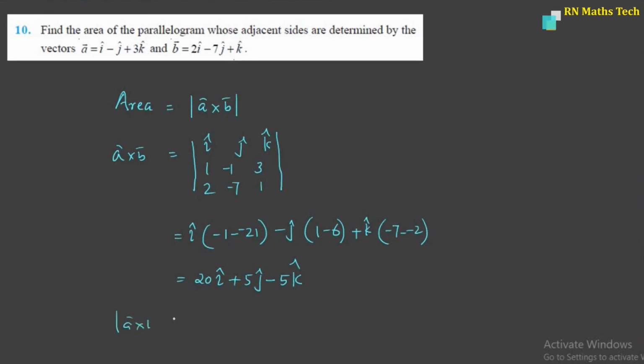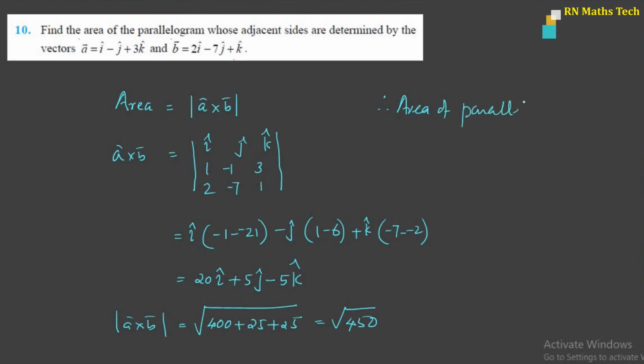Modulus of A cross B is equal to root of 400 plus 25 plus 25, that is root of 450. Therefore, area of parallelogram is equal to root of 450 square units.